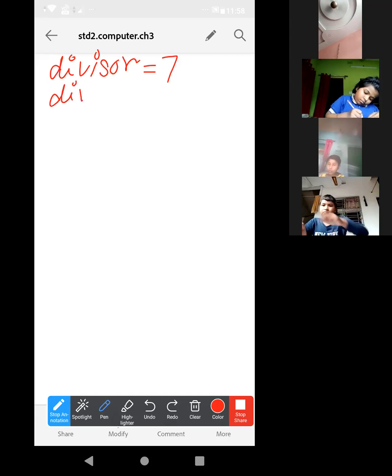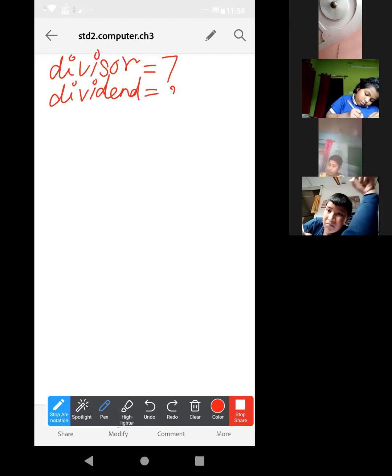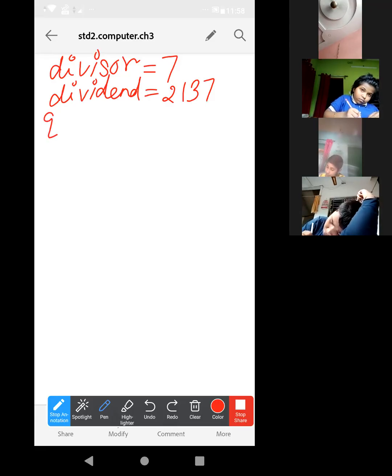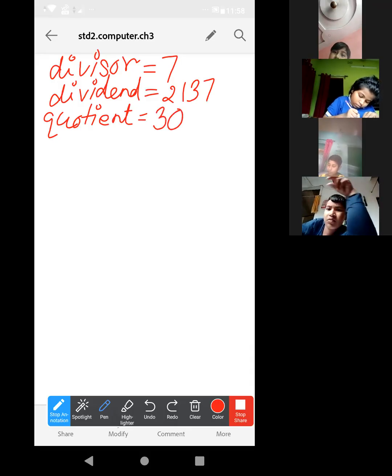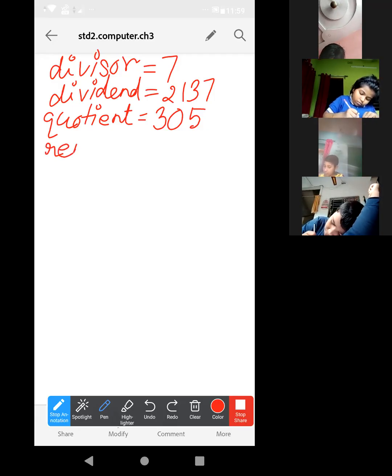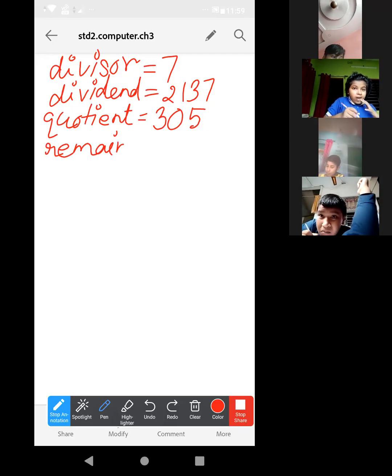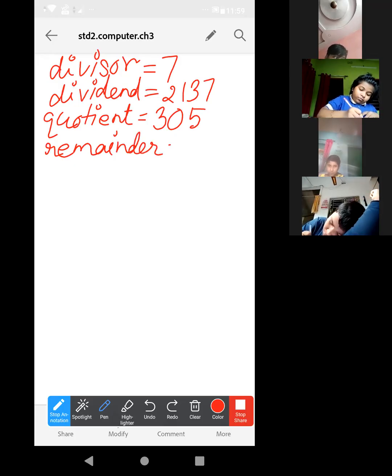Dividend 2137. Quotient, this one, and also write the remainder, that is 2. Up to this done?